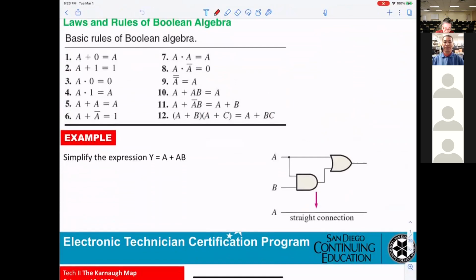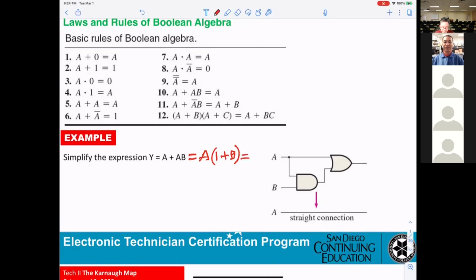They say simplify expression Y equal A or AB. So basically they're using Boolean to simplify, and finally you get Y equal A only. That means you connect directly to A, you don't need any gate. So on this one, easy, I can do it for you. They equal A or AB. So you say take A, you get 1, and you get B. Correct?